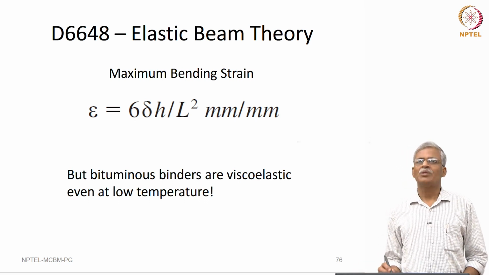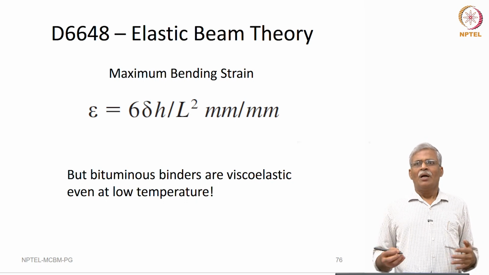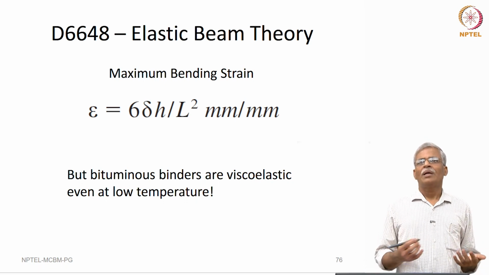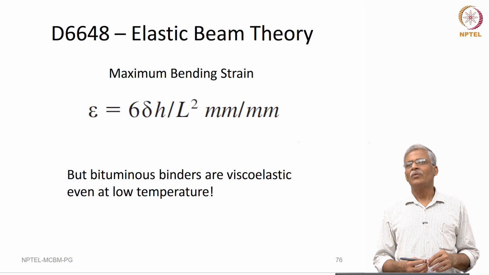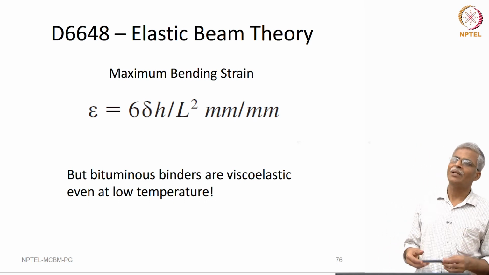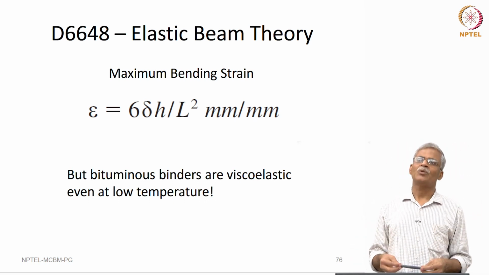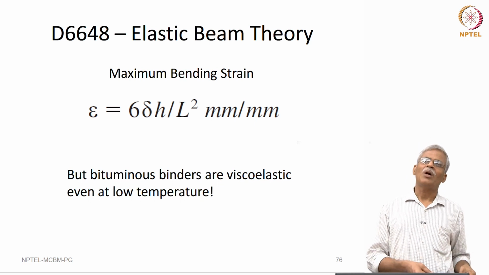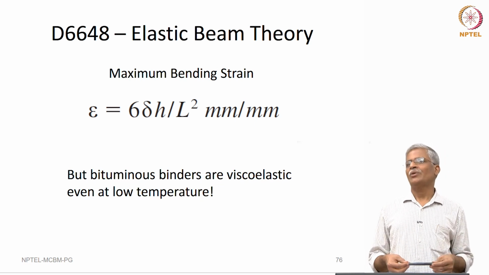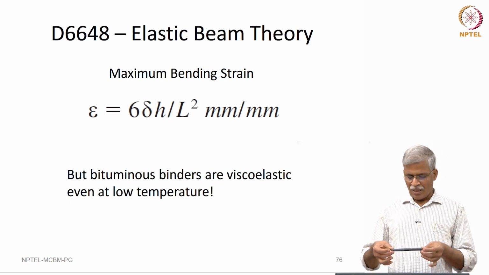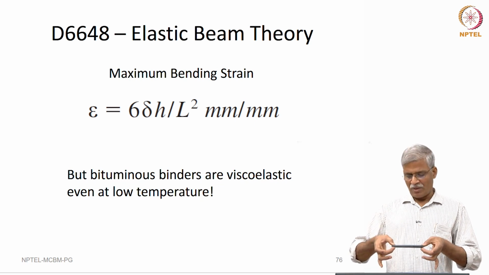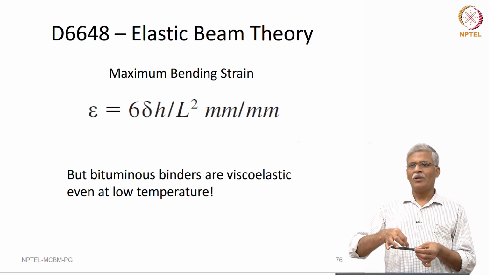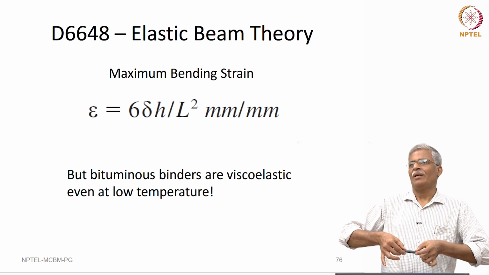So, now comes the most important thing. Why are we now talking about elasticity theory when we very well know that the material that we are going to use is viscoelastic in nature? What we are going to do here as far as the low temperature is concerned is take a beam something like this, apply a load here and find out how the beam is deflecting.